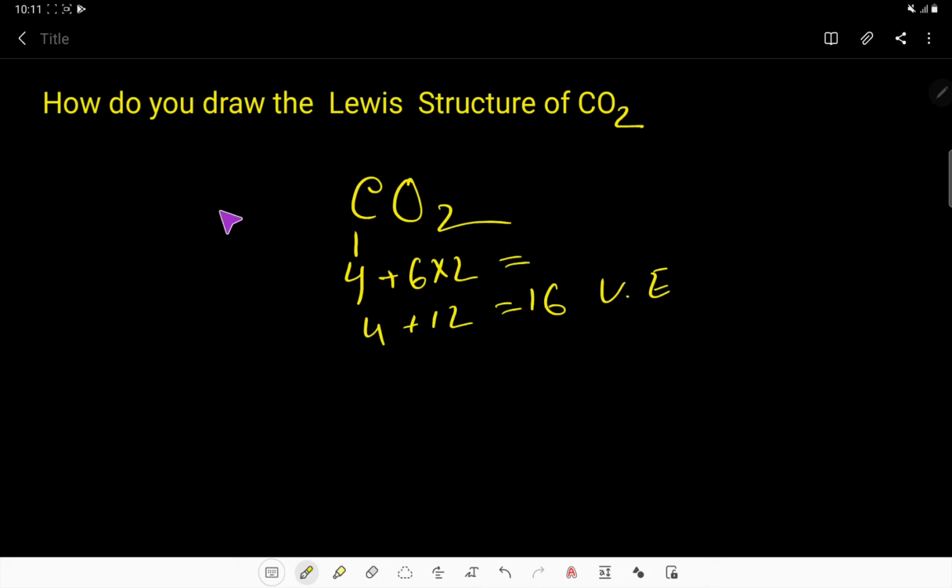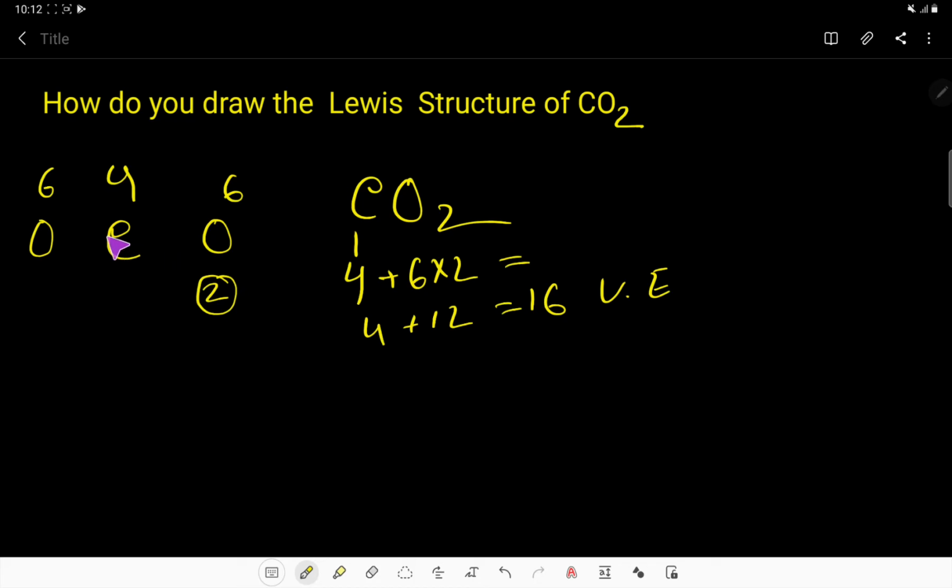Look, let me give you some basic idea. Carbon has 4 valence electrons and oxygen has 6 valence electrons, right? We know that in the Lewis structure every atom needs 8 valence electrons. So here oxygen has 6 valence electrons, so it will take 2 electrons. 2 electrons means it will form two bonds, right?